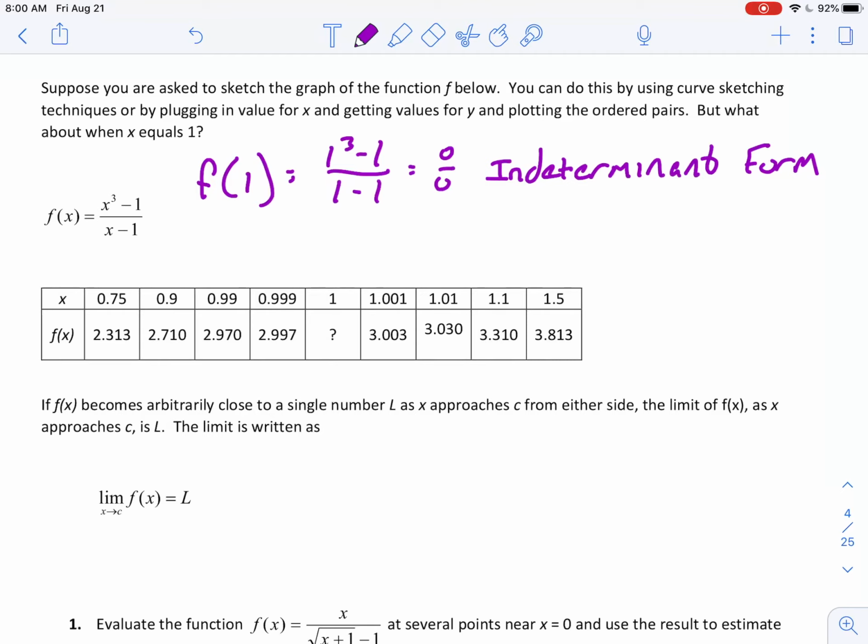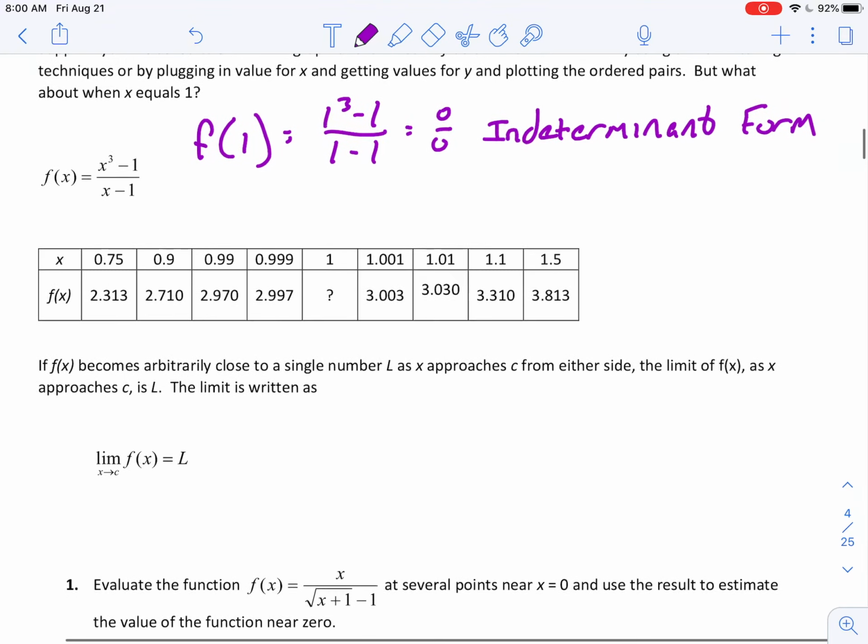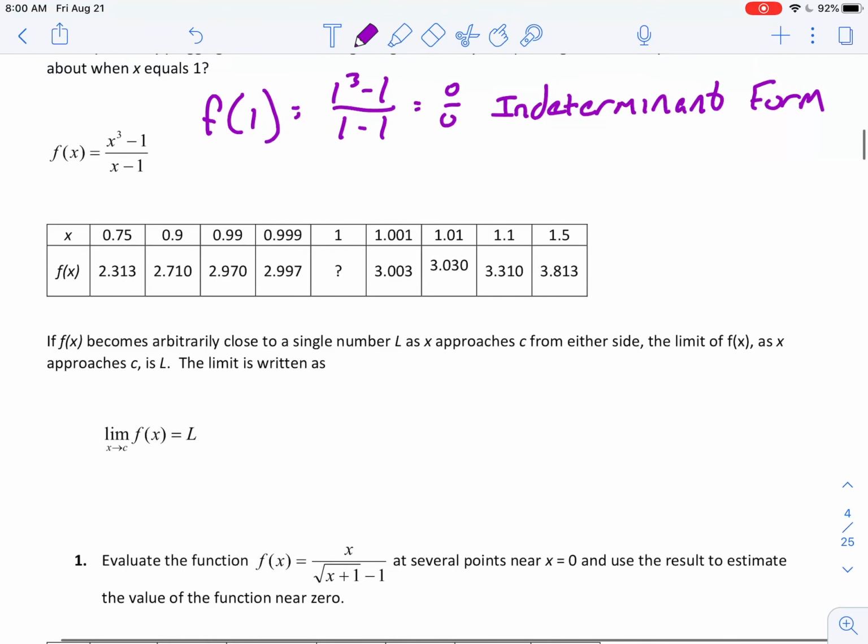So when something like this happens, this is what we're going to look at this entire first chapter, we want to calculate something called the limit. What I did here was I took the liberty of plugging in several values of x that get closer and closer to 1, both from the smaller side of 1 and the larger side of 1.